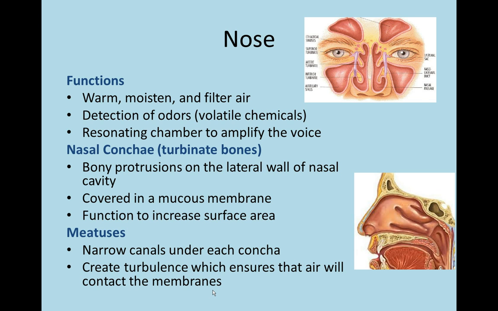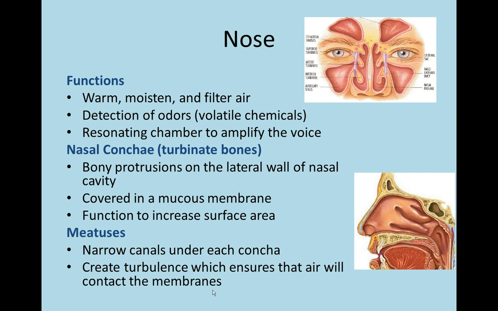Each of the conchae are covered in mucous membranes. In fact, the entire lining of your nasal cavity is covered in mucus, snot in other words. And an important function of that mucus is to trap pathogens that could potentially be entering the body through the nose. Another thing that you find inside the nasal cavity is underneath each concha, or conchae, which is plural, you find narrow canals or tunnels.